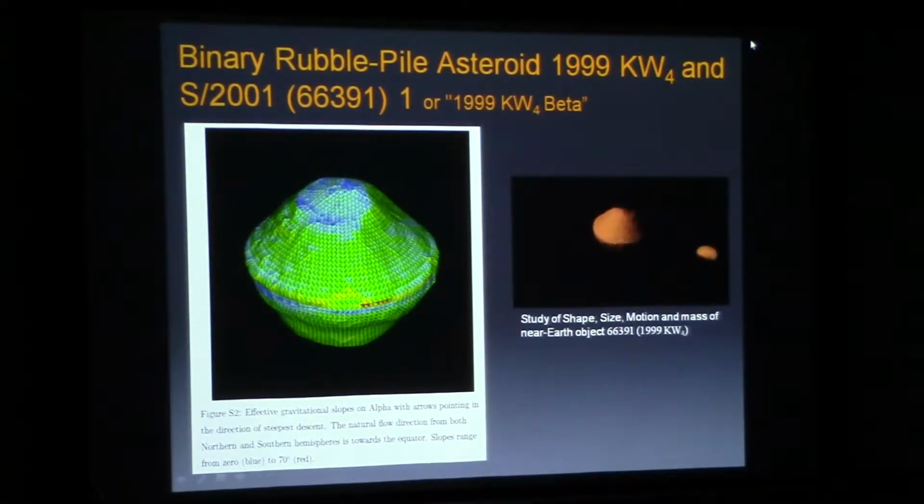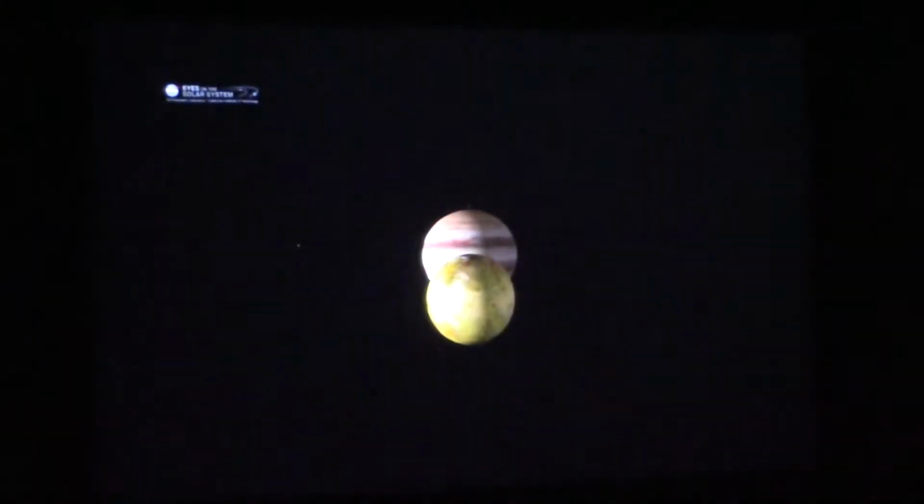There is a rubble pile asteroid that got spinning so fast that it fissioned off a daughter, and that daughter stole some angular momentum, and that asteroid is tidally locked to the parent. It always keeps one face toward it.